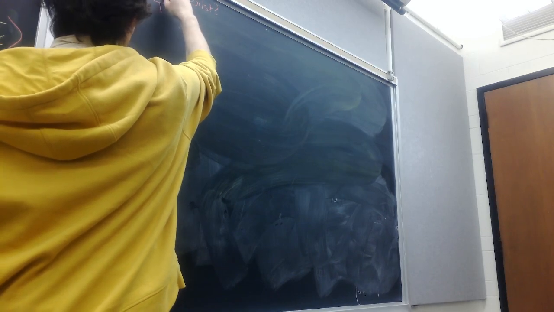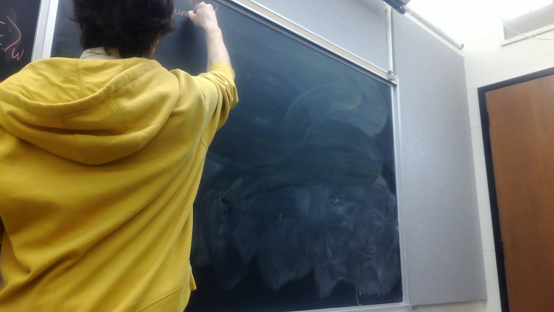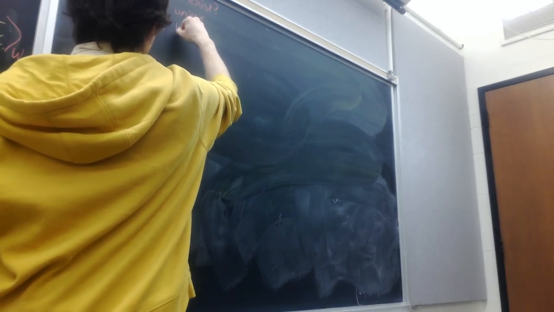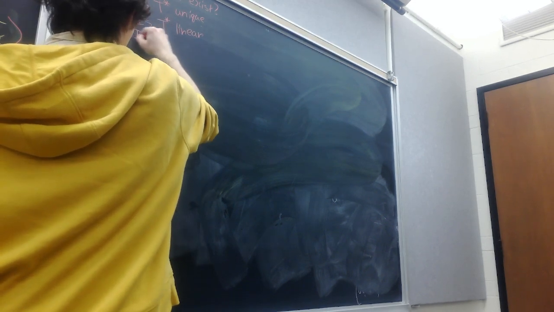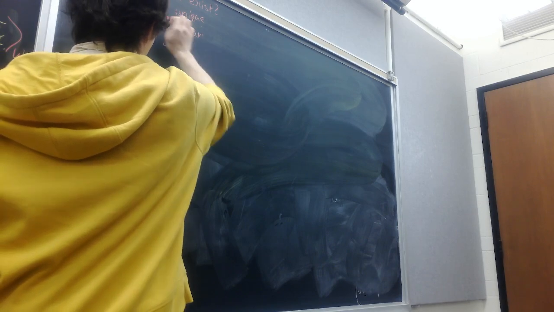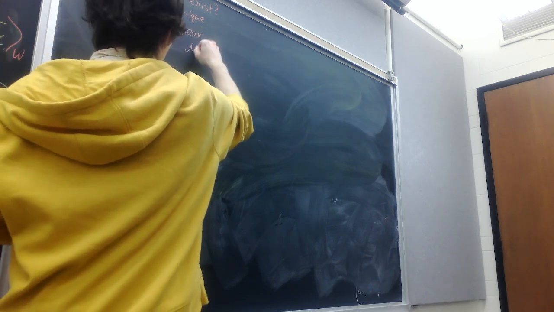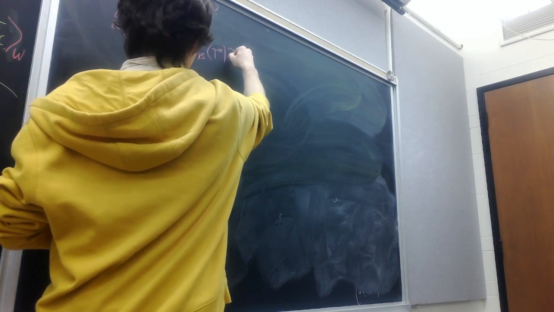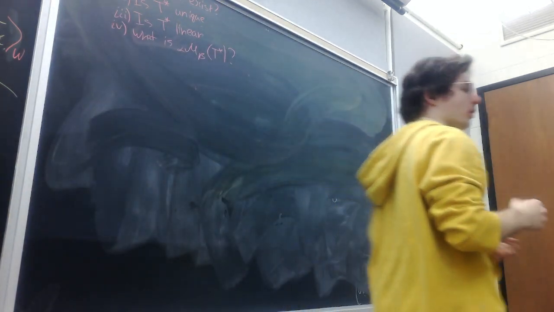Question 2: is T star unique? Question 3: is T star linear? Question 4: what is the matrix from the beta basis to the alpha basis of T star? So these are the 4 questions that we want to answer.